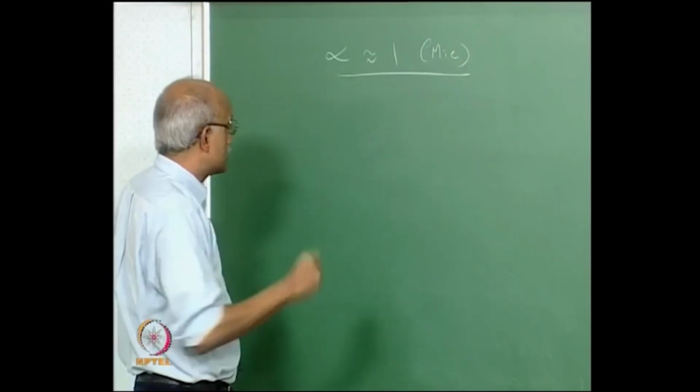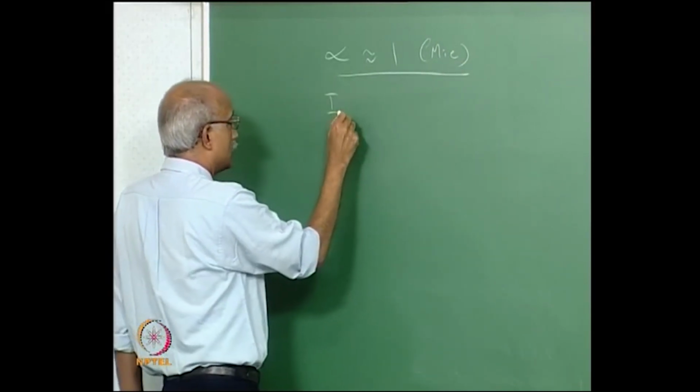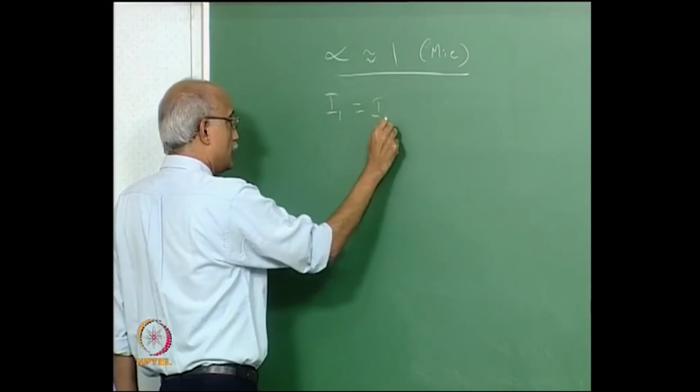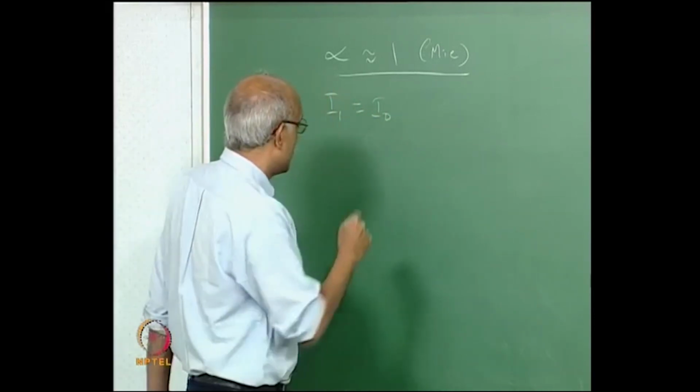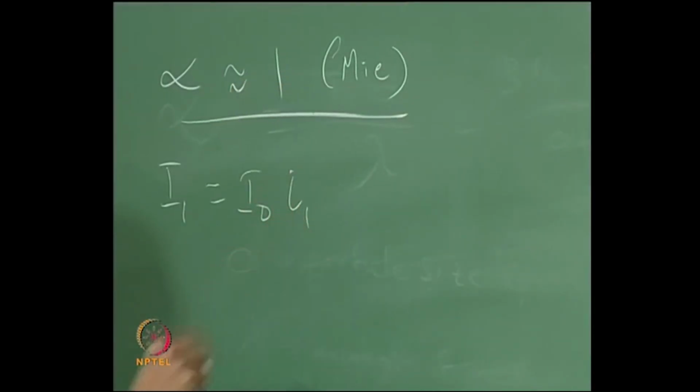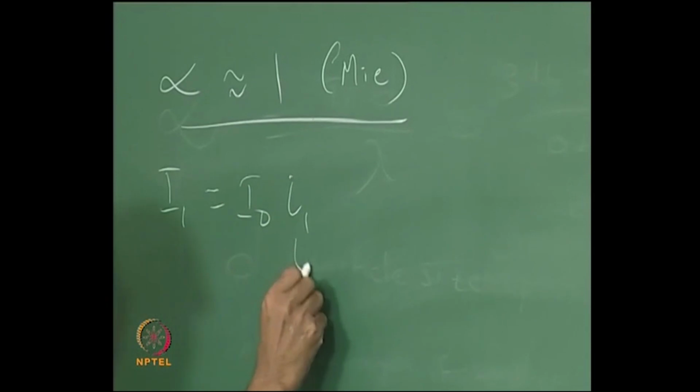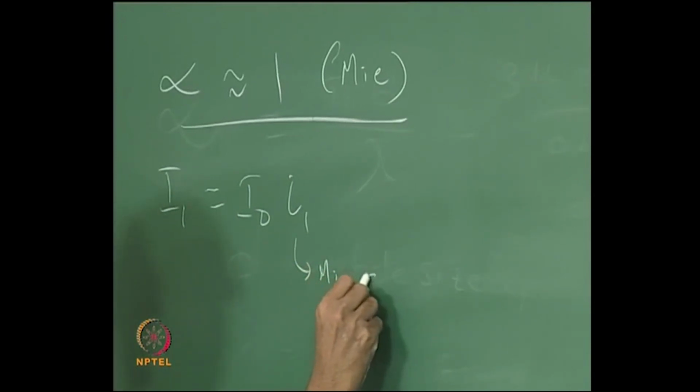In this size range, again there is a linear relationship between I1, I2 and I0, but then you introduce something called a lowercase i1, which is called the Mie scattering parameter.